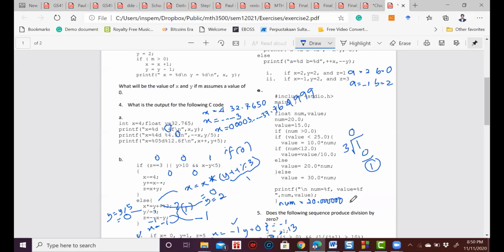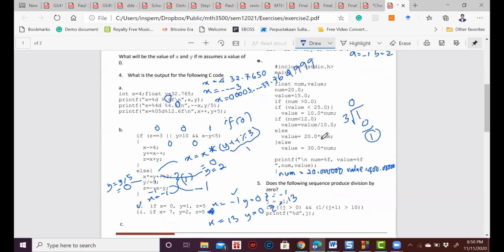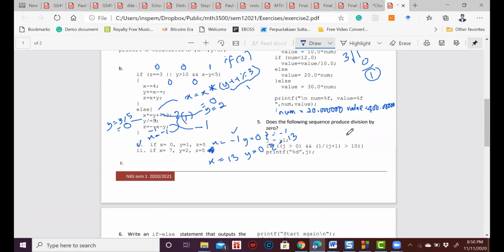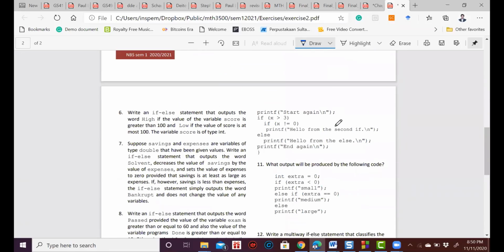Then value equal to 400. Six. Okay, so you can copy and run it. Okay, and then study the logic manually.